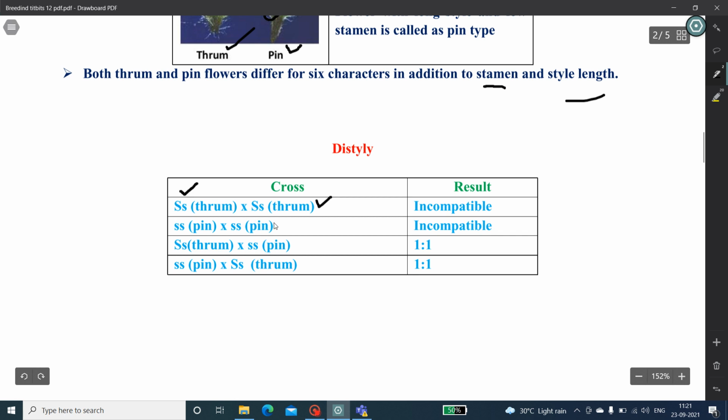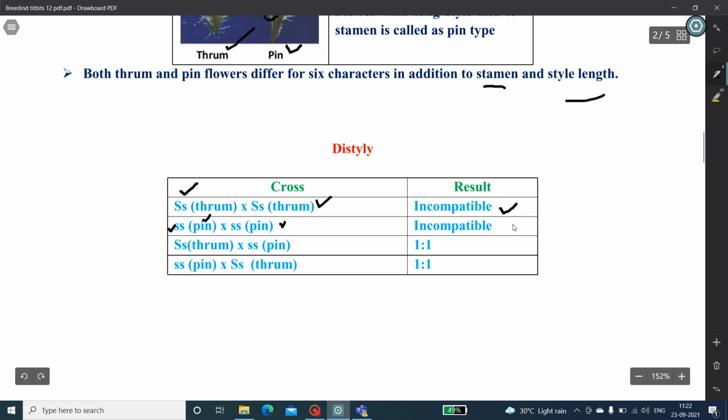If both similar genotypes are crossed, it is incompatible, and the pollen grain will not germinate on the thrum type. Similarly, the pin type is small s small s, and pollen of this parent falling on the stigma of the same genotype is also incompatible.